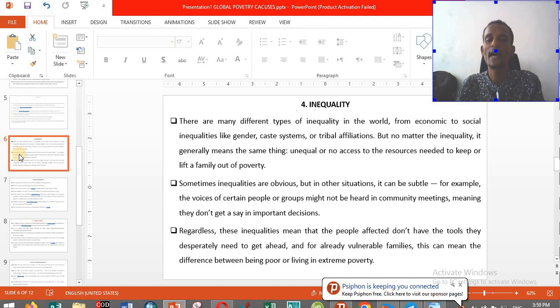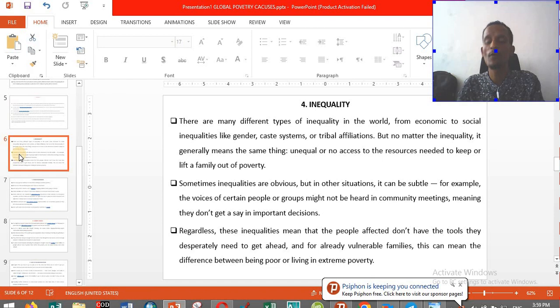Sometimes inequality is obvious, but in other situations it can be stubborn. For example, the voice of certain people or groups might not be heard in community meetings, meaning they don't get a say in important decisions because they are living under inequality.